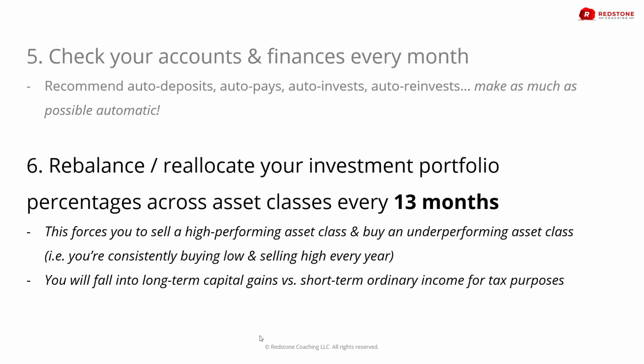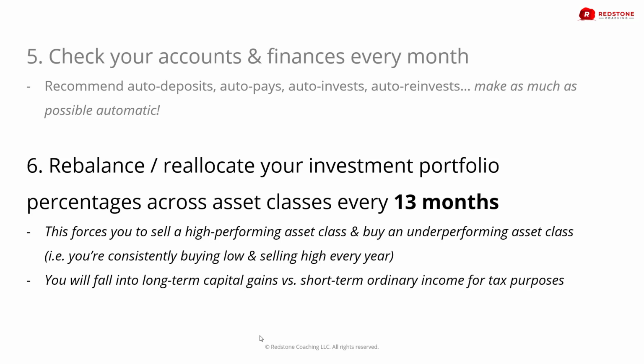Because if you remember that crazy checkerboard, some asset classes will do really well in 1 year. Other asset classes will do poorly. Well, the ones that do really well are going to become a greater percentage of your portfolio. The ones that do poorly are going to become a smaller percentage of your portfolio. So the percentages in your portfolio have, quote, drifted.